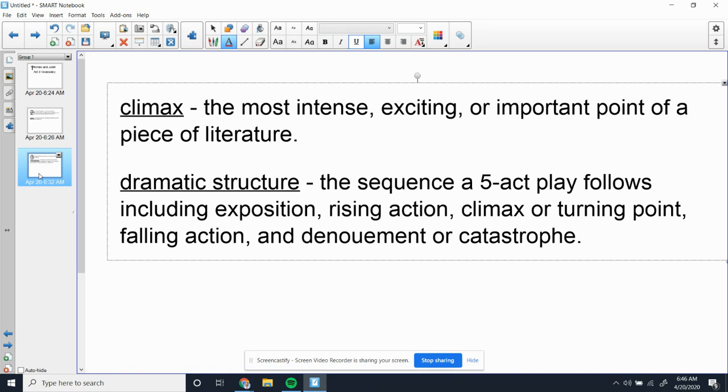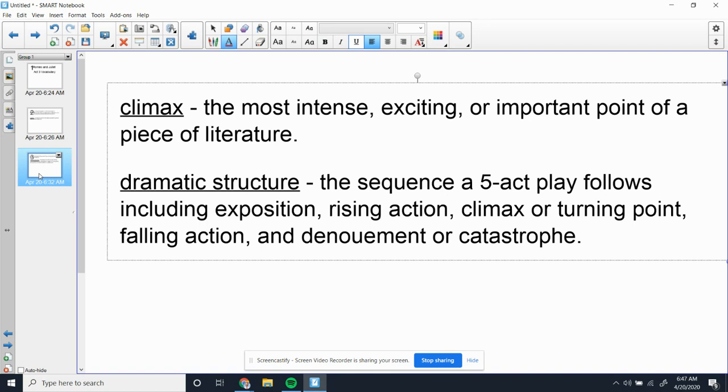Kind of leading right into that, our next thing we have is dramatic structure. This is the sequence that a 5-act play follows. There's 5 steps. Exposition, where you lay the background out. We've already gotten that. Rising action, where more and more interesting events happen, more and more conflicts happen. And that's where we're in right now.